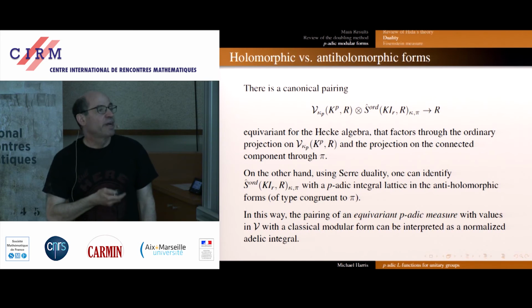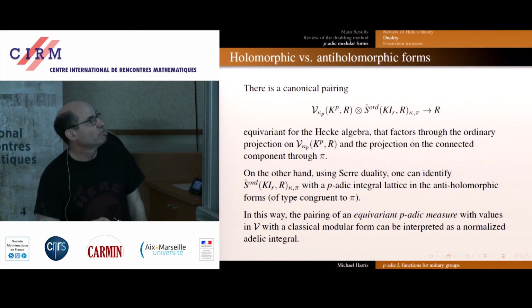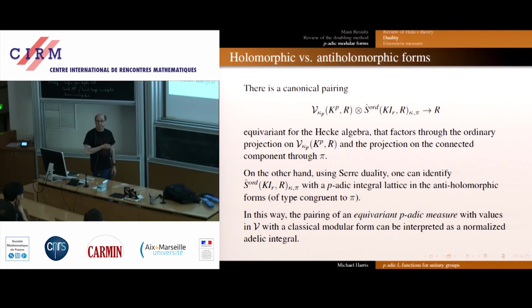In this way, the pairing of an equivariant p-adic measure with values in V, the Eisenstein measure, with a classical modular form can be interpreted as a normalized adelic integral. So this sentence is the main thing that happens in the paper.